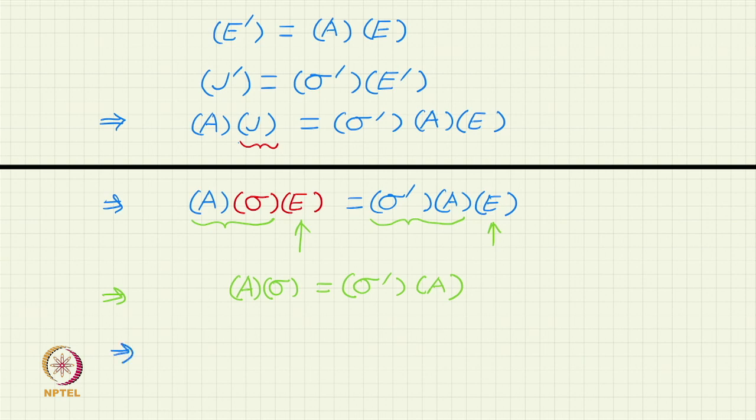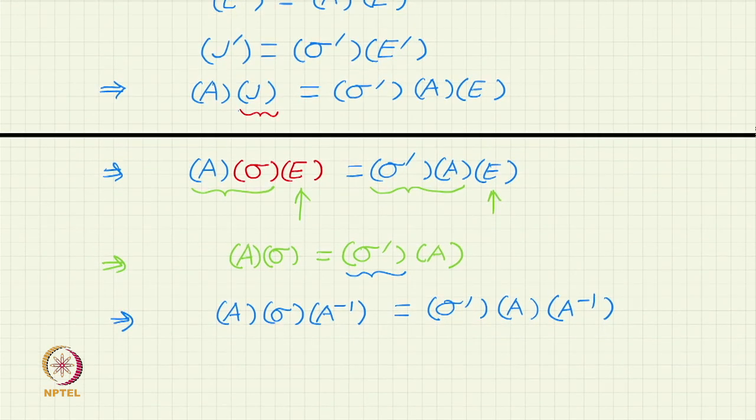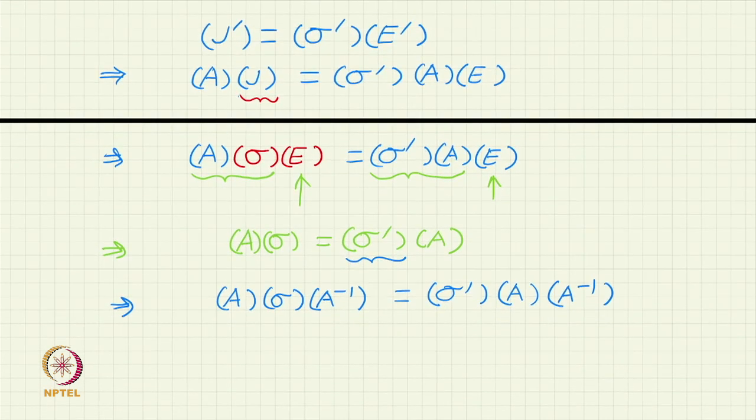This gives us immediately the result, because we want to find out the new sigma prime. So, I multiply both sides by the inverse of A. Here A and A inverse will give you an identity, which gives you sigma prime.